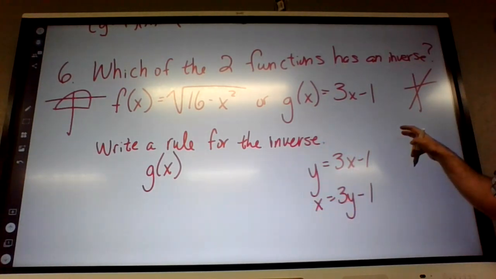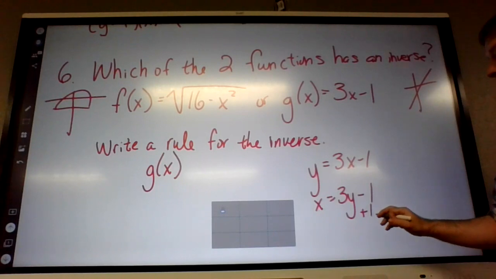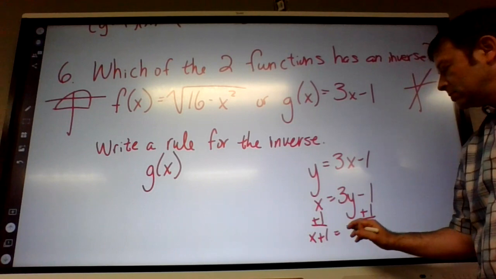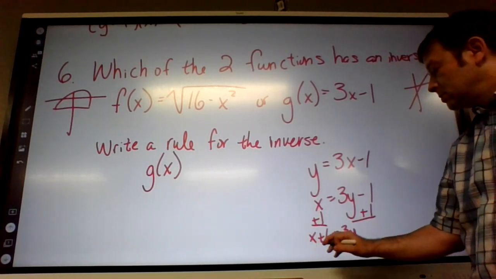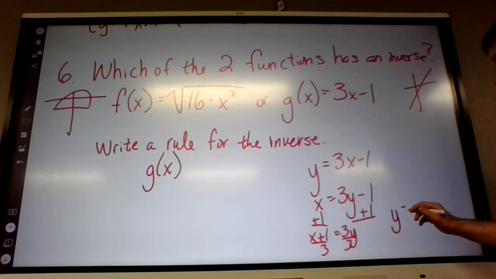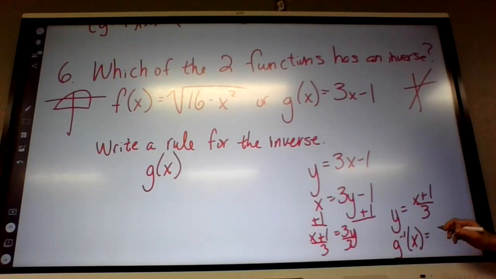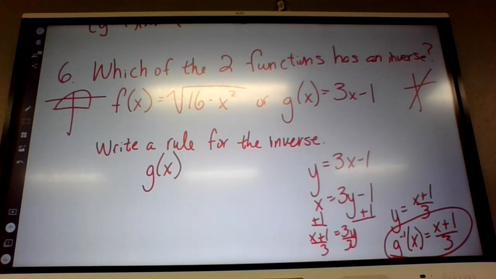And then solve this for y. And then to put it back in function notation, it's just g inverse equals that. Couldn't it also be 1/3 x and then we have. Yeah, it could also be 1/3 x plus 1/3.